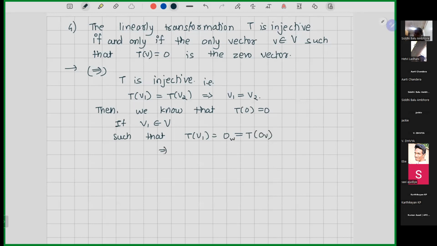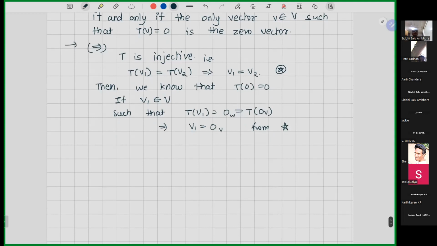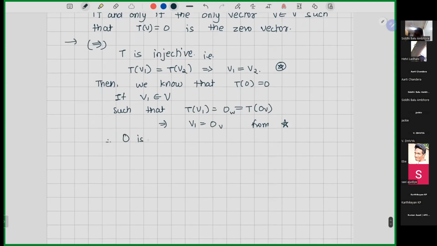Let me call this star. So then V1 is actually 0 from star. If we take any vector such that TV is 0, we end up getting that this V1 is actually our 0 element.